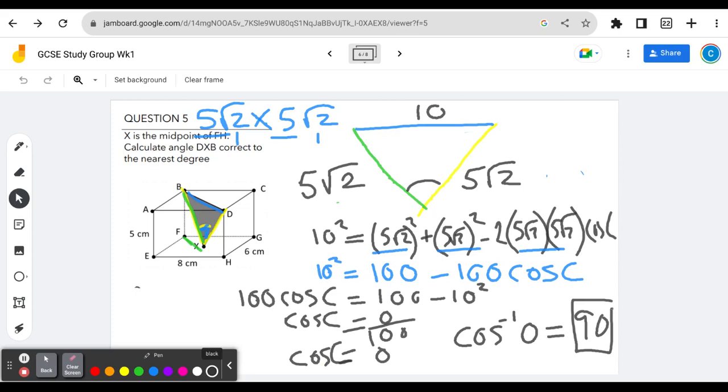Well, if this did come up on a non-calculator paper and you had to figure out what that is, we would have to think about understanding the cos curve. And here in green, you can see that cos 90 is indeed 0. And that's the answer.